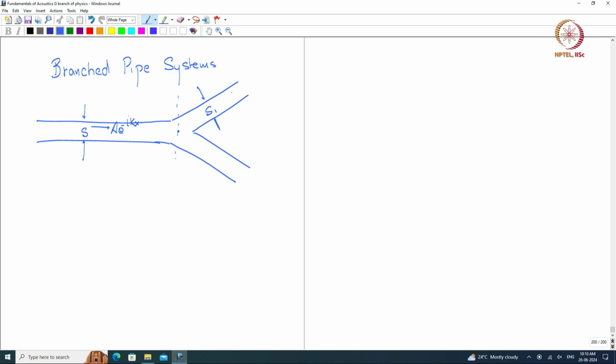Okay. So that we have a wave P1 e to the power of minus jk x1 going that way, and this cross section, let us say, is S2, and we have P2 e to the power of minus jk x2 going this way.